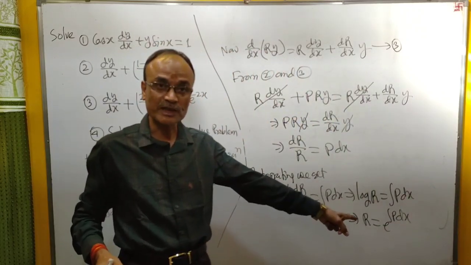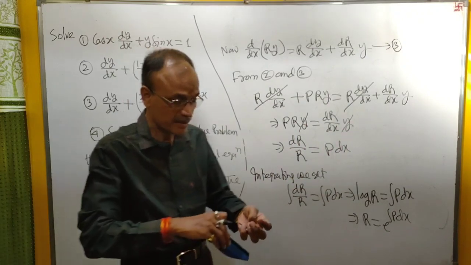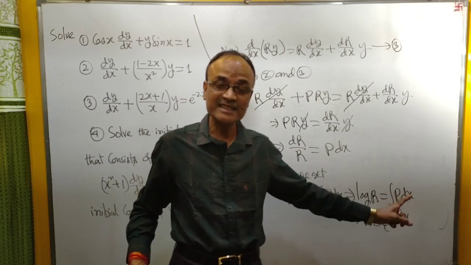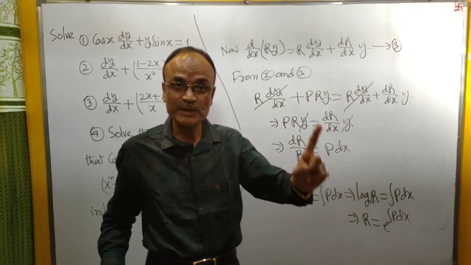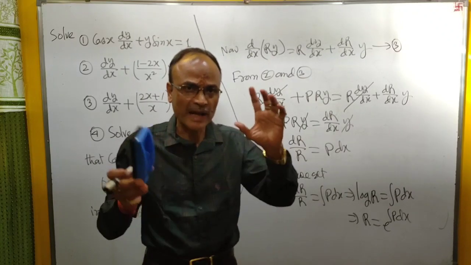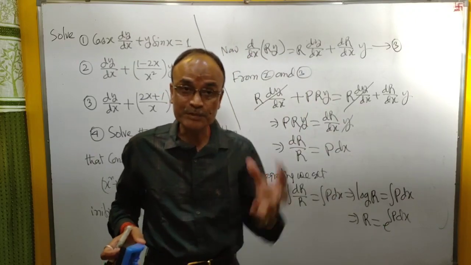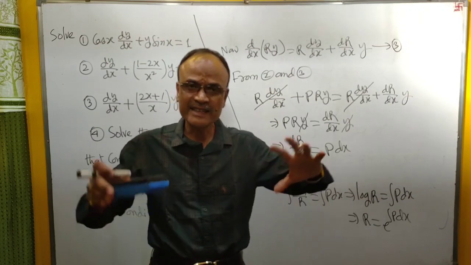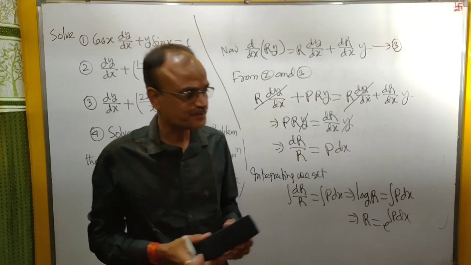This is the integrating factor of the differential equation dy by dx plus p y equal to q. This means that if you multiply the equation by e to the power integral p dx, then the left side becomes a perfect differential. Then, integrating, you can solve the differential equation.